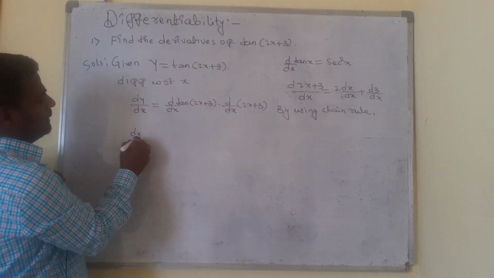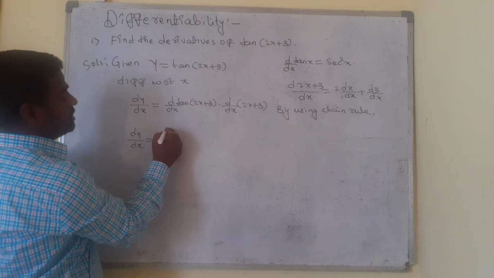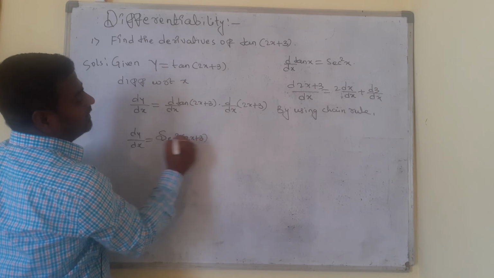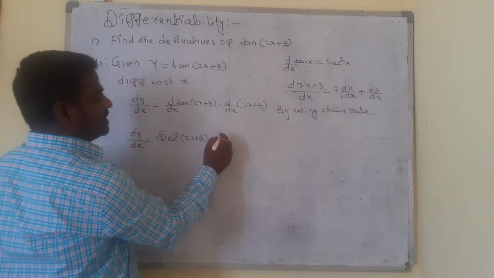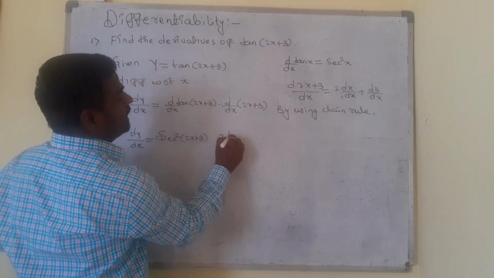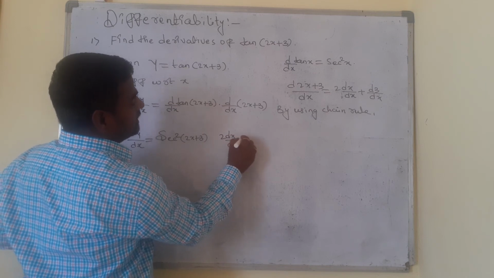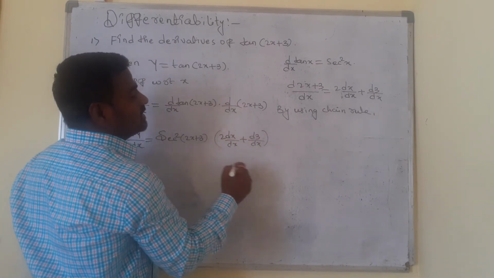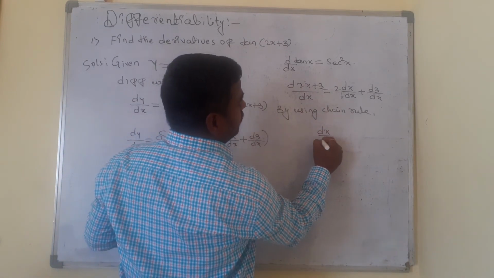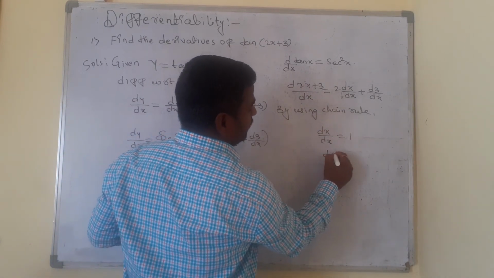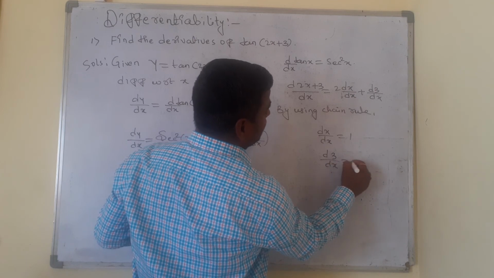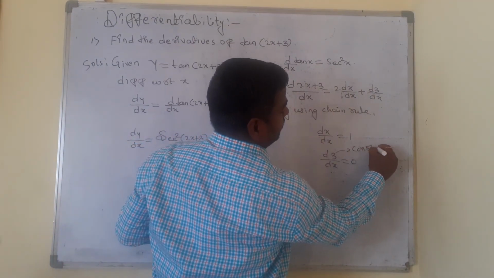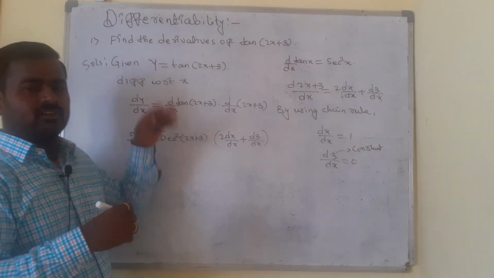So dy by dx is the differentiation of tan, sec square of 2x plus 3. Keep 2 outside, dx by dx is 1, and differentiation of 3 is 0 because it is a constant; for any constant I have given the formula.